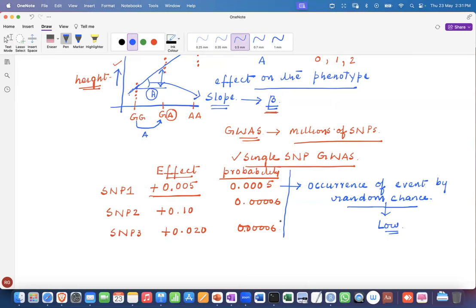Now, normally in statistics, you take the probability less than 0.05 to be significant. Hi, Anna. Less than 0.05 to be significant. Yes or no? Okay.